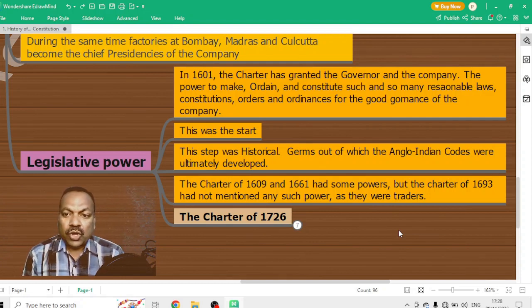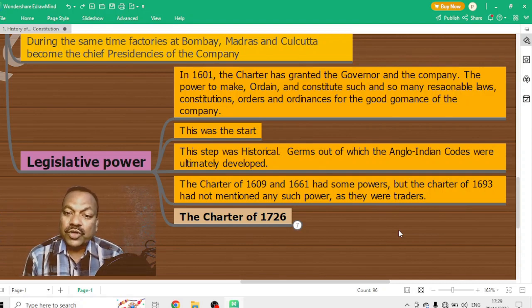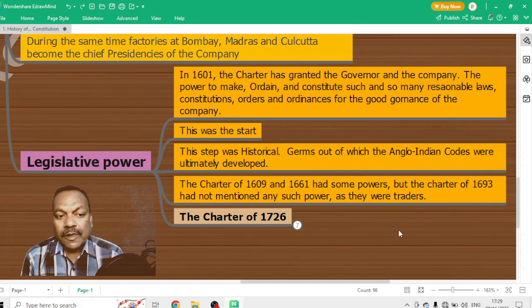They may have knowledge of trading, but they may not have the power or knowledge of how to create legislation. That is why the Charter Act of 1693 does not mention that they were eligible to legislate.